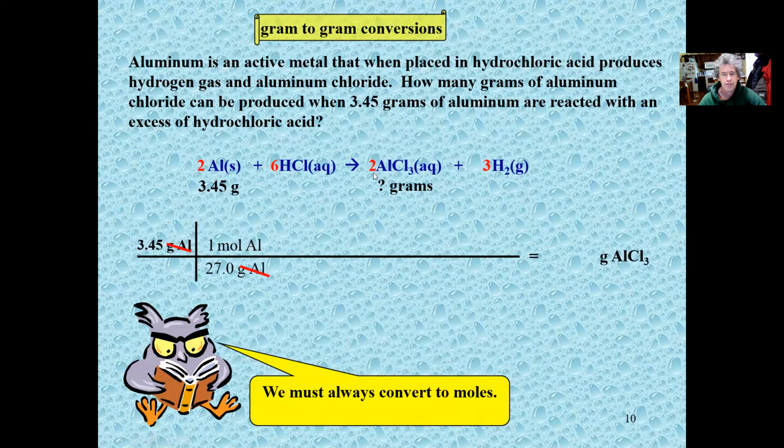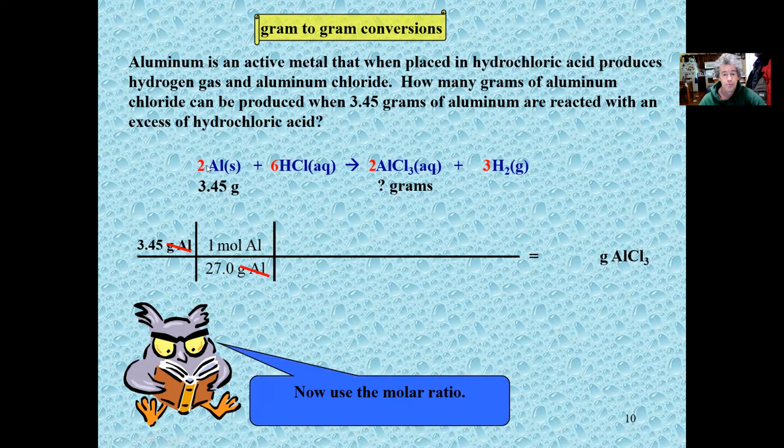And you'll notice we have 2 moles of aluminum chloride get produced for every 2 moles of aluminum that are used. So in this case, our molar ratio is 2 moles of aluminum chloride over 2 moles of aluminum. Moles of aluminum will cancel, and we're left now with the moles of our want substance. So here we're not changing the units, we're changing the substance, going from here to there.